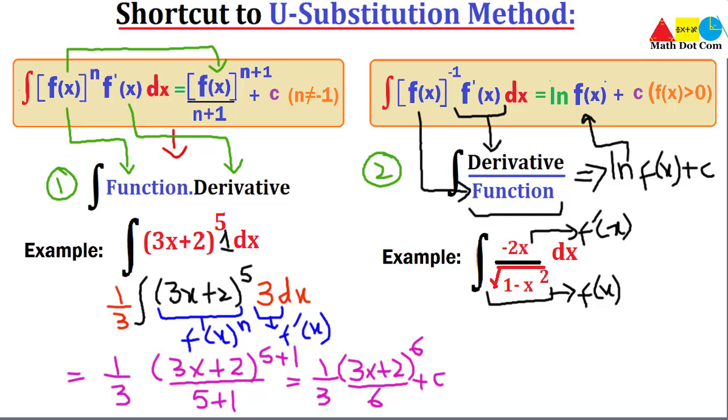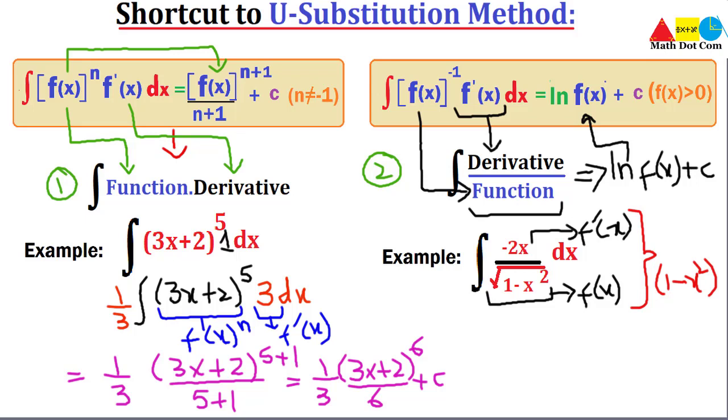The reason is the power of the function is not 1 here. It means in the denominator, the power of the function should be 1 in order to apply this shortcut. If you have 1 minus x square in the denominator with no square root, then you can apply this rule, that is natural log of this function.